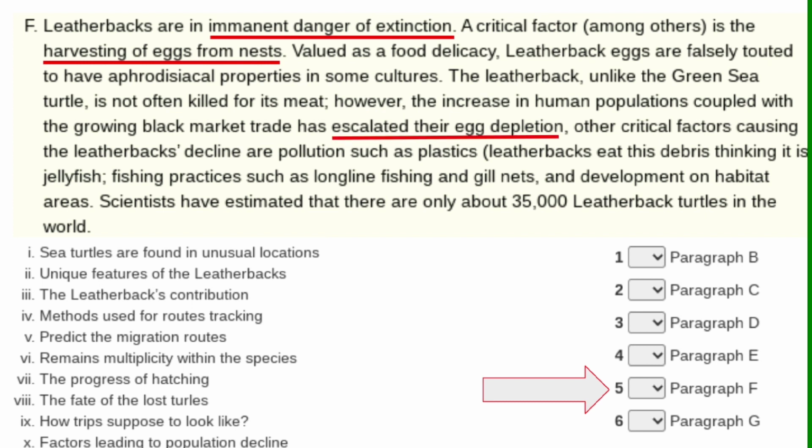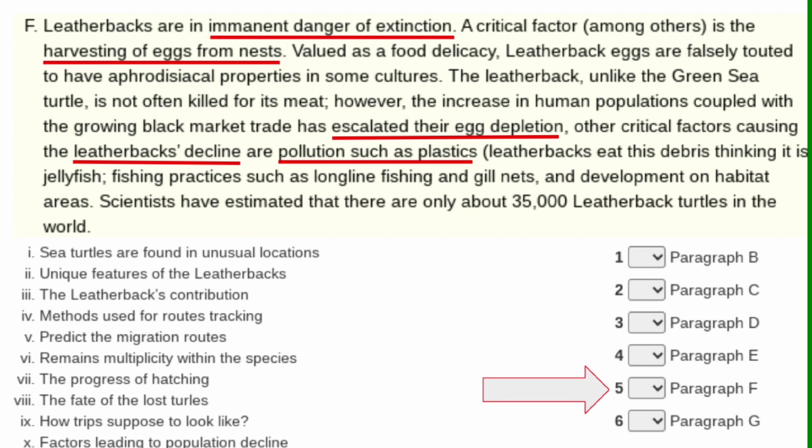In other words, made it quicker, made it more. Other critical factors causing the leatherback's decline, so again it's talking about the decline, about there being fewer numbers of leatherback turtles, are pollution such as plastics.